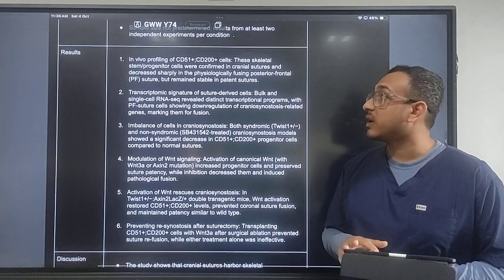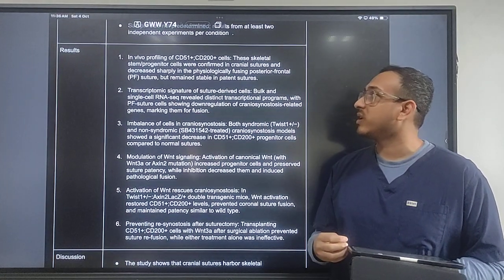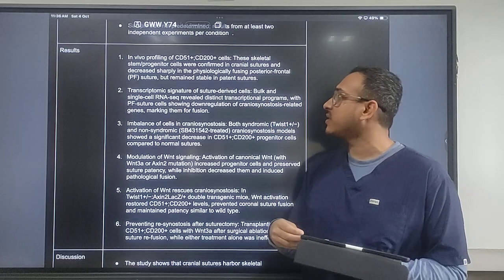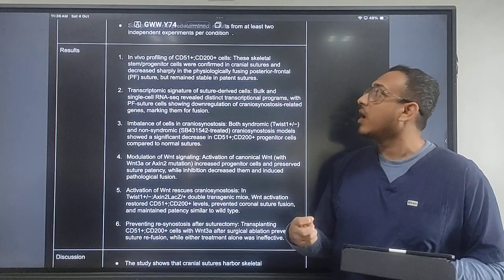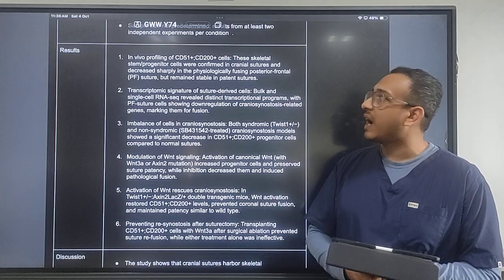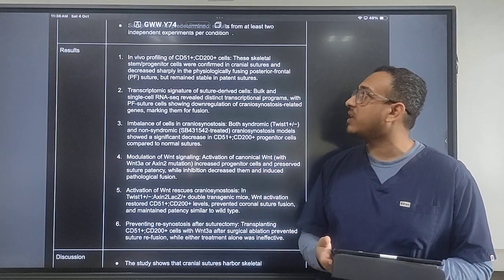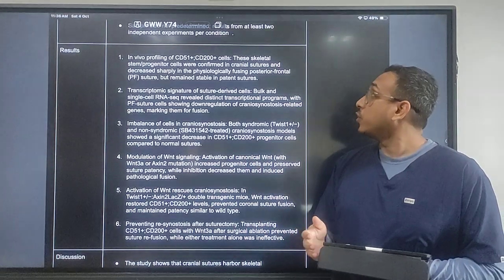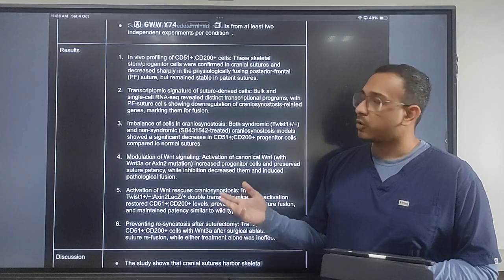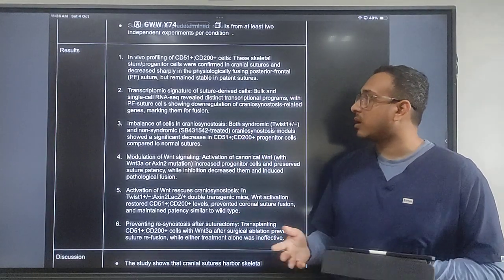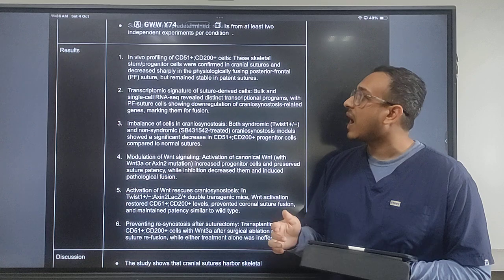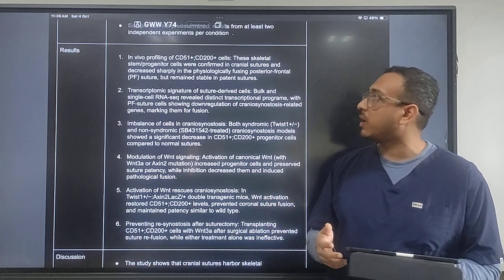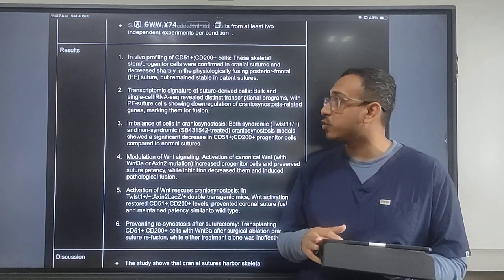So the results. For the in vivo profiling of the stem cells, these skeletal stem cells were present in cranial sutures and decreased sharply in the physiologically fusing posterior frontal suture. So they were fewer in number there, and remained stable in patent sutures.